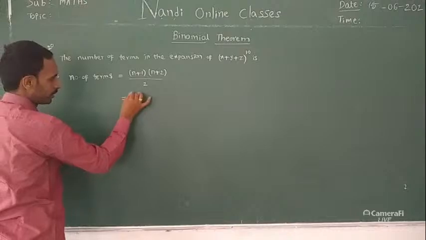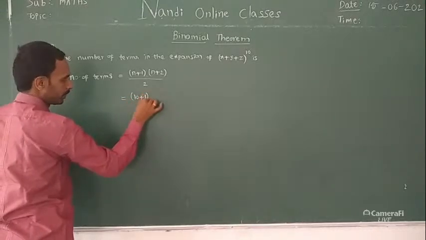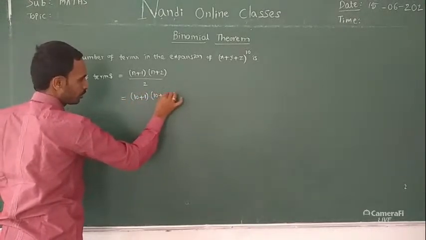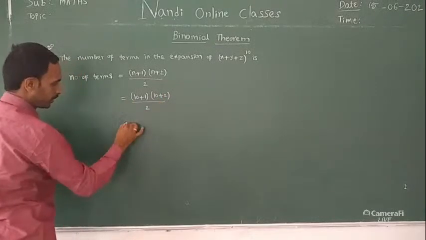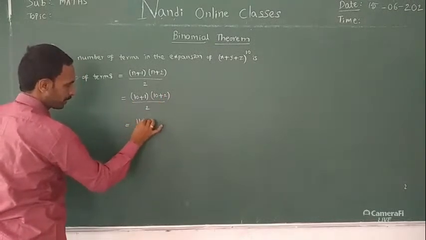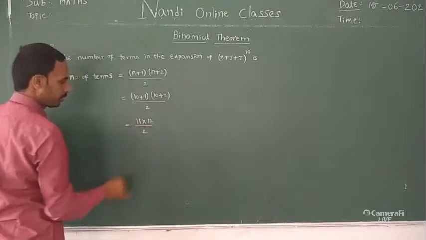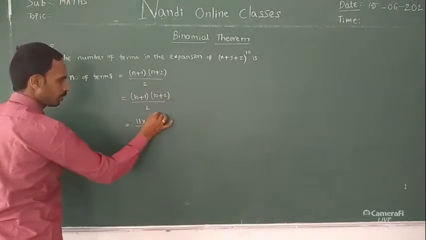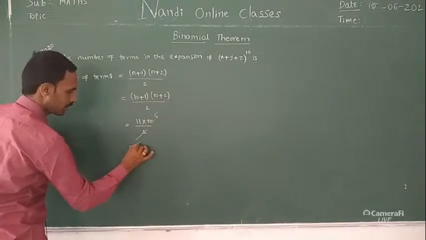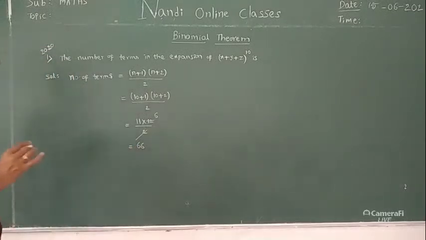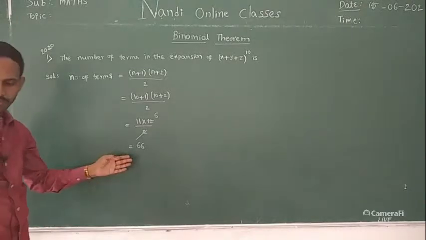The second formula given in the synopsis. Put n value 10: is equal to (10 plus 1) into (10 plus 2) divided by 2. 10 plus 1 is 11 into 12 divided by 2. Okay, 2 1s, 2 6s cancel, is equal to 66. So if you expand this term, 66 terms come in that expansion. Okay, write it.